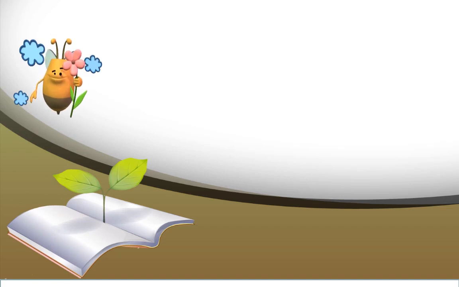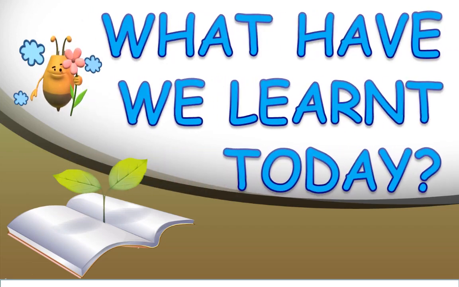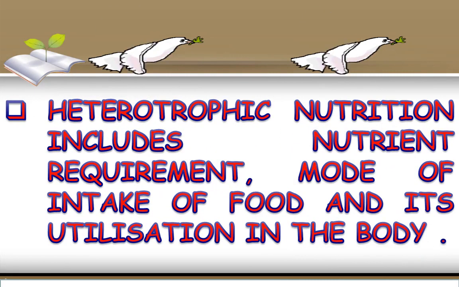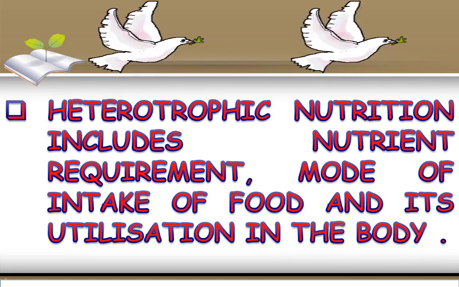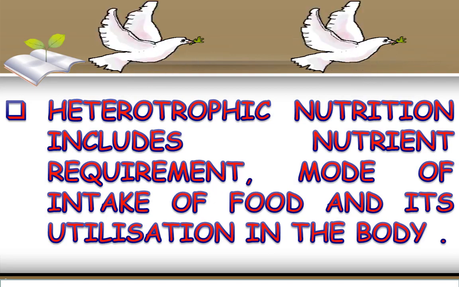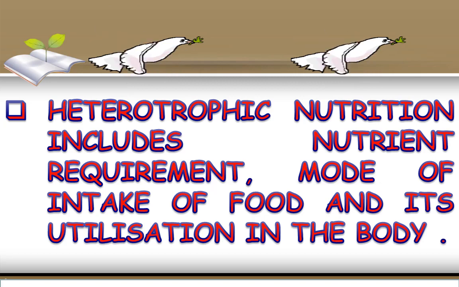It's time for you to note down the key points. What have we learnt today? Heterotrophic nutrition includes nutrient requirement, mode of intake of food and its utilization in the body.